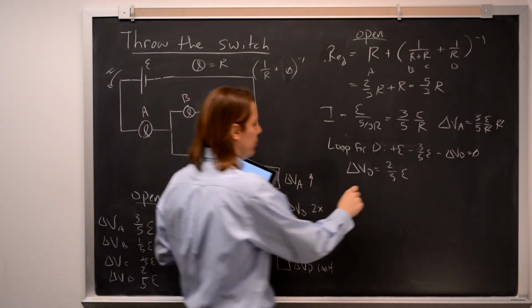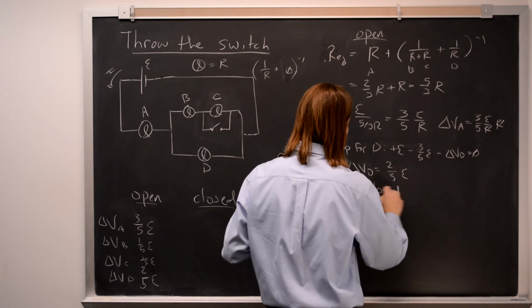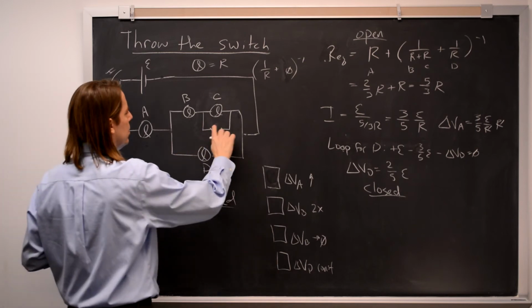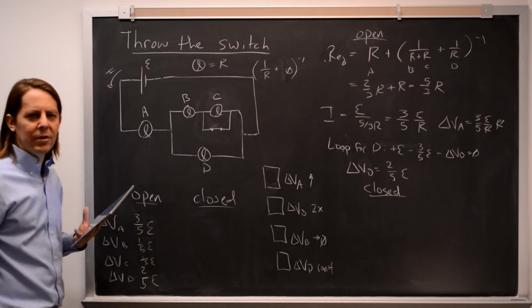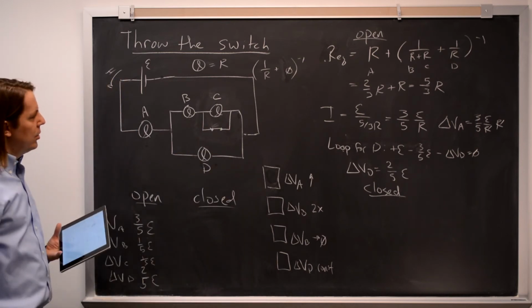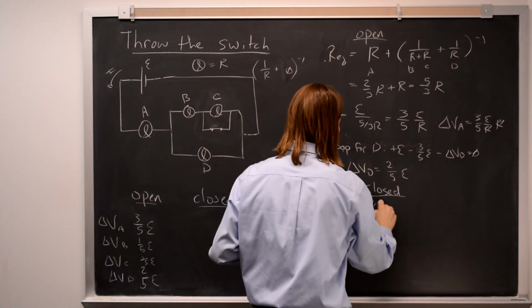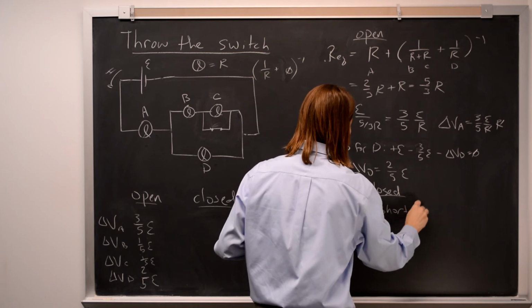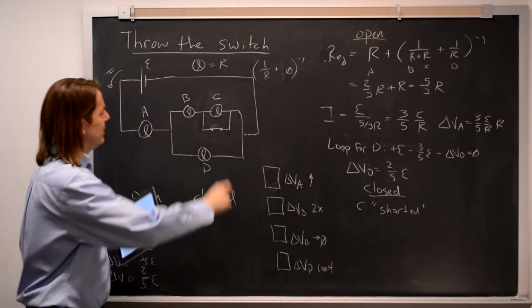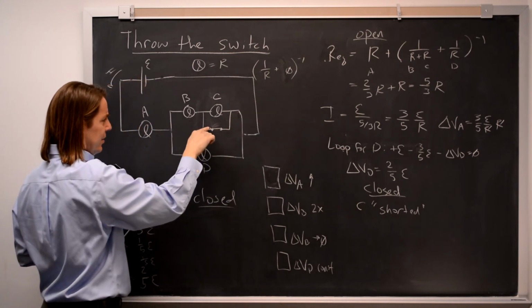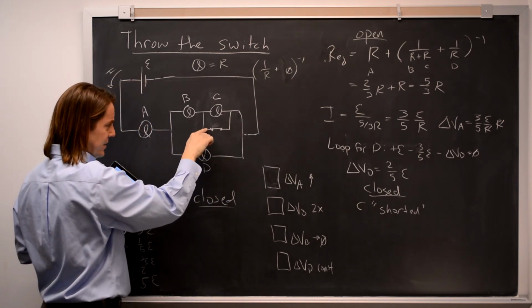Okay, so now we've got to do closed. All right, so now, when it's closed like that, we're actually not going to go through everything. We're going to notice that C is shorted, because now it's the opposite of this. Now C, the resistance is 0.